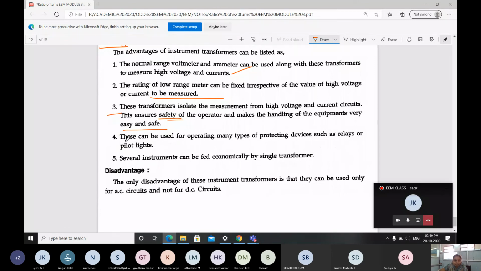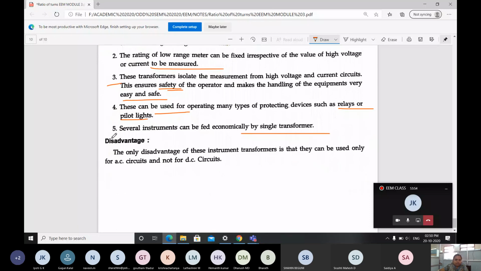These transformers can be used for operating many types of protecting devices such as relays or pilot lights in power systems. And the last one is that several instruments can be fed economically by using a single transformer. This is the fifth one.